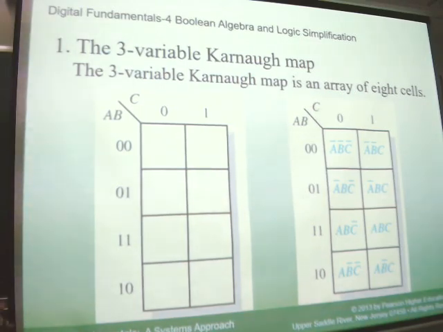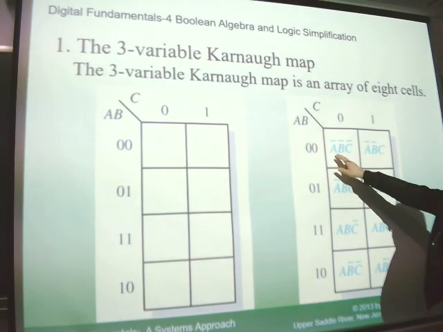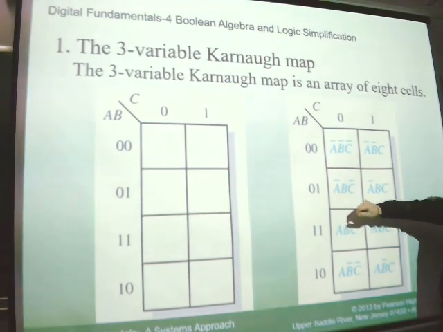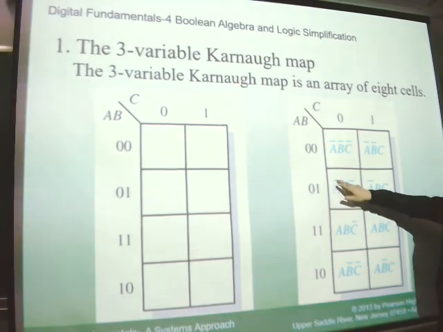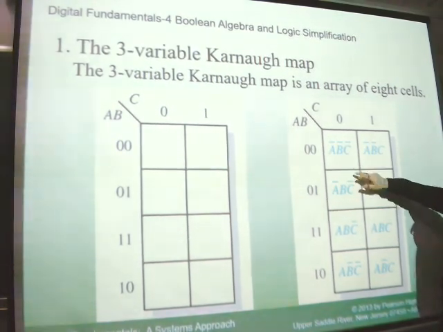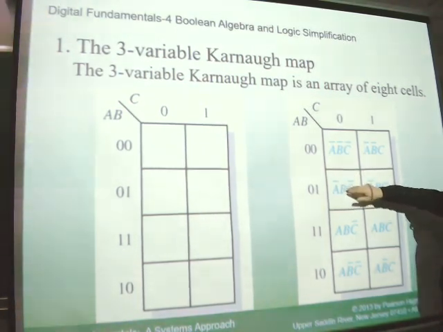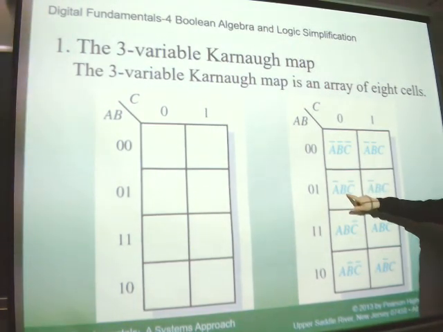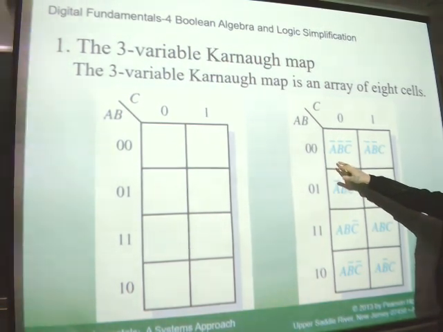Like this. 0 0 0 is A bar, B bar, C bar, right? And 0 1 0 is A bar, B, C bar. The two product terms differ in only one position: B bar and B, and the other two literals, A bar and C bar, are the same.